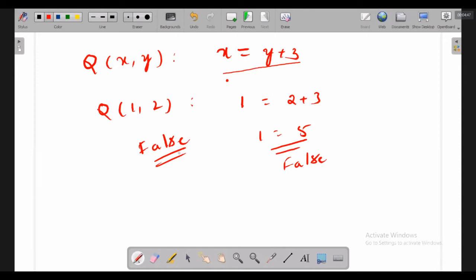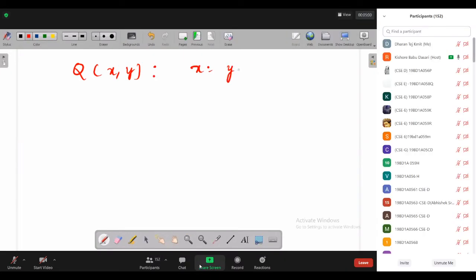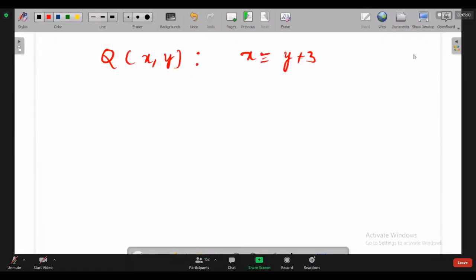Next, see the same predicate Q of x, y, where x is equal to y plus 3.